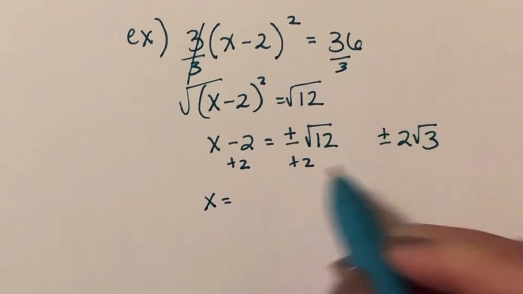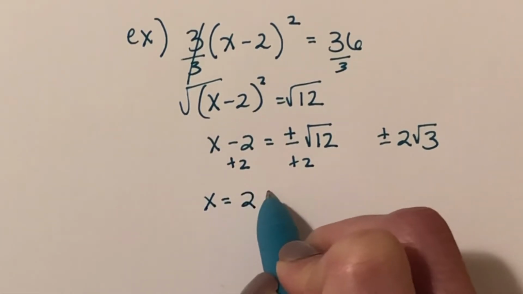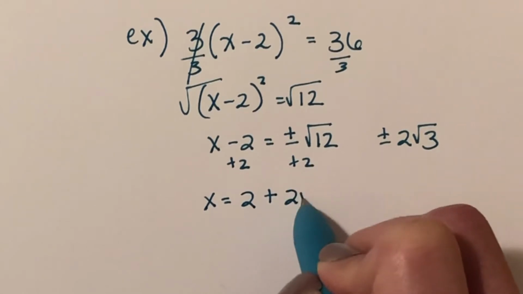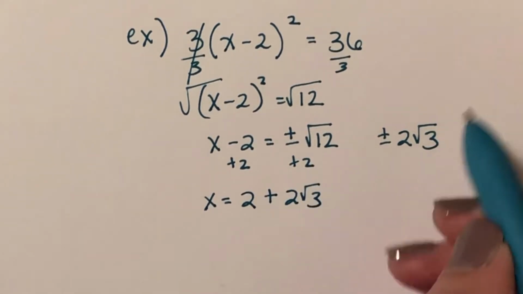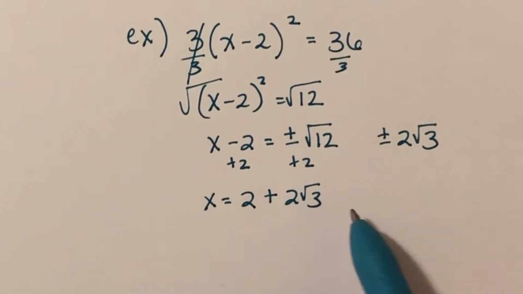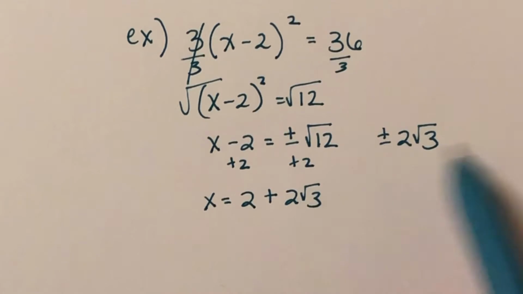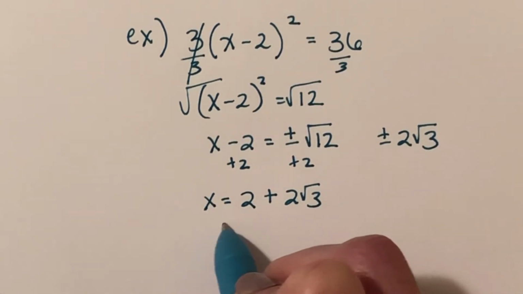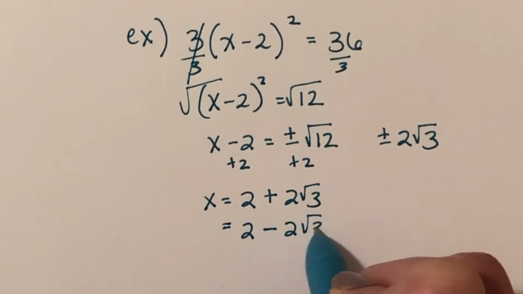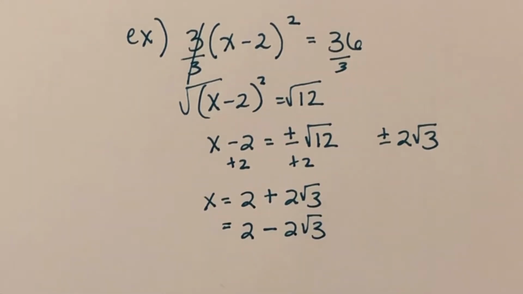So I can show those like that. I'm going to get 2 plus my root 12, which I'll write as 2 root 3 simplified, and I can't simplify that at all. These are not like terms, so I cannot combine them in any other way. I will also get 2 minus 2 root 3, and again I can't simplify that in any way.